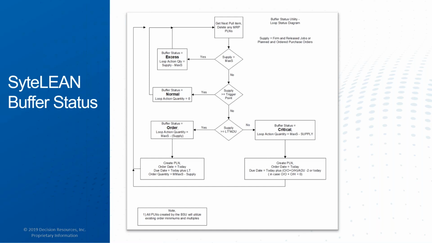And if so, a planned order is created with a date equal to the lead time of the item, today's date plus the lead time, or in the case of an expedite, we predict the date you'll run out and calculate the due date of the PLN based on that run out date. It's pretty simple. Sometime I'd like to compare this algorithm to the APS algorithm so that we can see which one of those two is easier to understand.